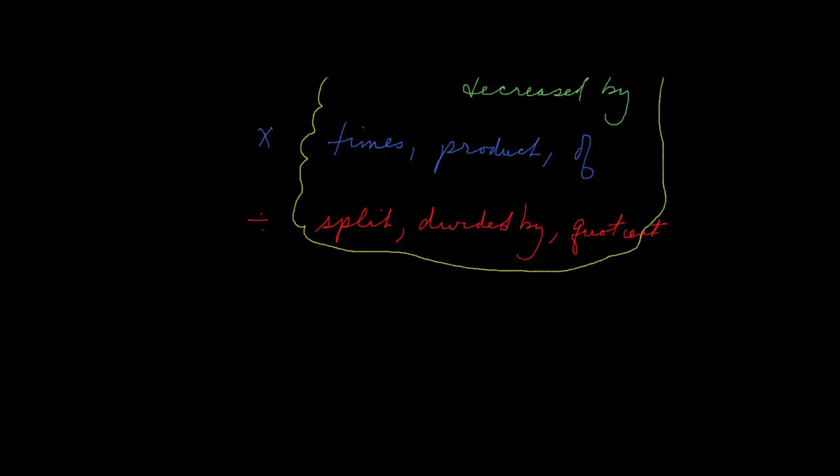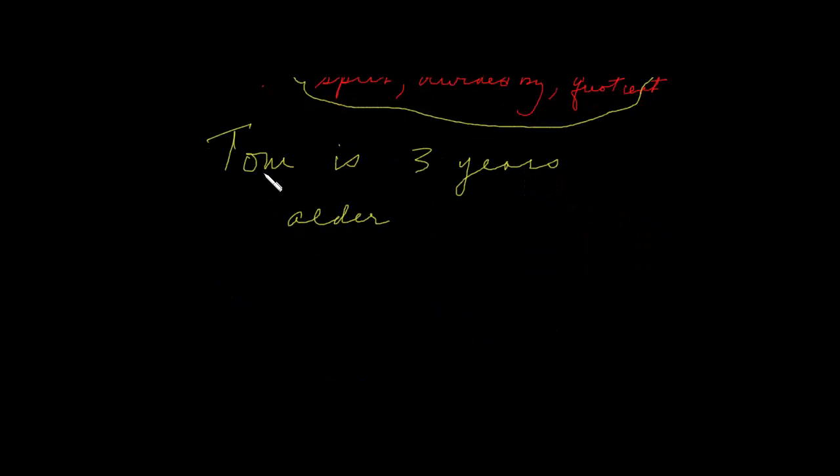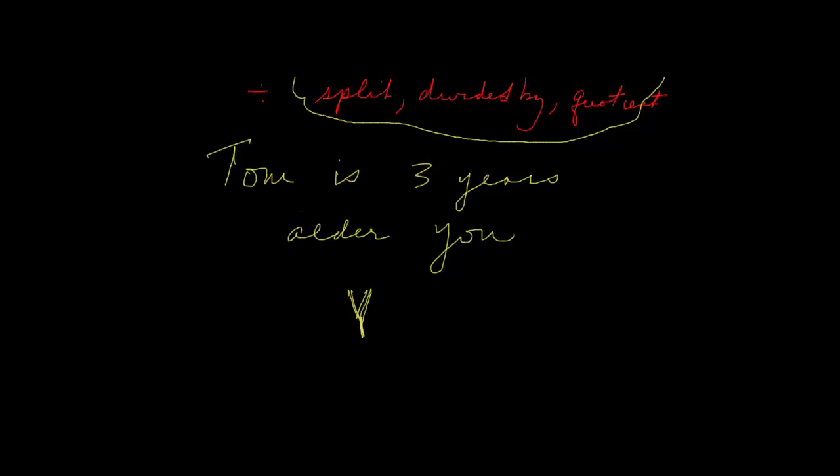So if you know that Tom is 3 years older than you are, then you know that whatever your age is, if you let Y represent your age, Y for you, then in order to get an expression that represents Tom's age, you're going to base it on experience.